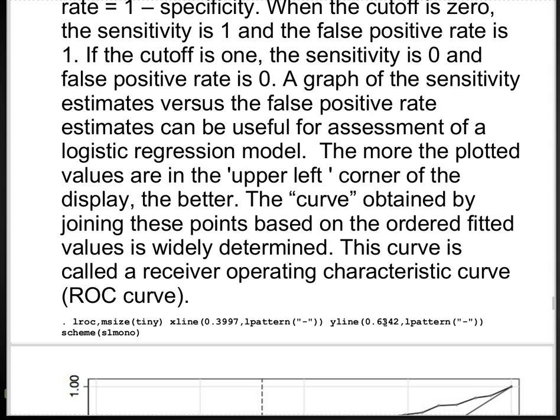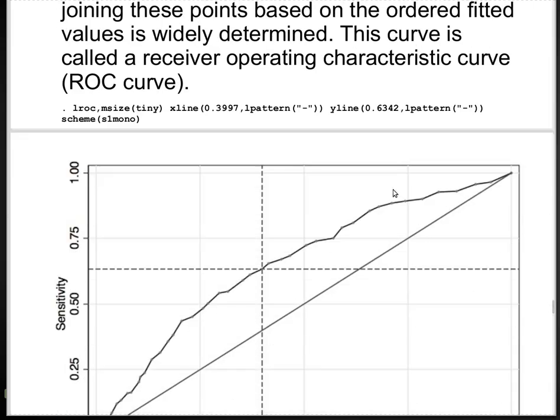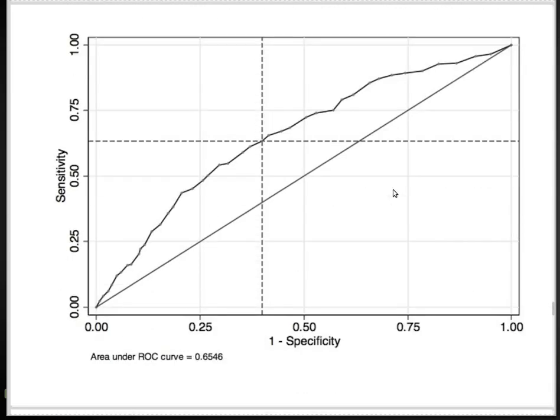And what I'll do is add a couple of lines that I'll explain for you in a minute. Okay. So here is a graph of the receiver operator characteristic curve. And what are we seeing here? We're seeing sensitivity versus the false positive rate. So this is the sensitivity estimate versus the false positive rate estimate.